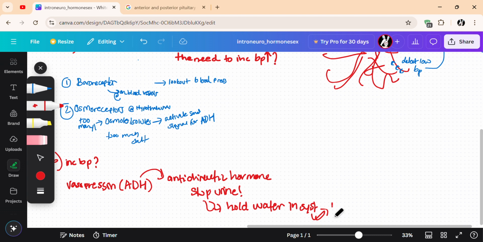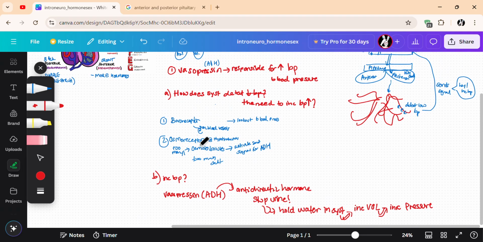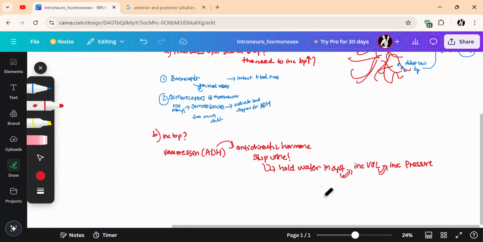Holding water in the system will increase the volume, which in turn will increase pressure. And so as a result, we will have an increase in blood pressure as we need. That's essentially how vasopressin works to increase blood pressure.